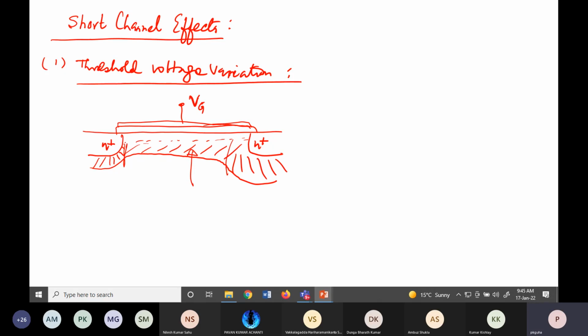Now you see, when we look at short channel devices, source and drain are very close. Here also the same fashion, the depletion region. Now if you look carefully, the depletion region is within source and within drain also, right? So these are immobile charges, right?